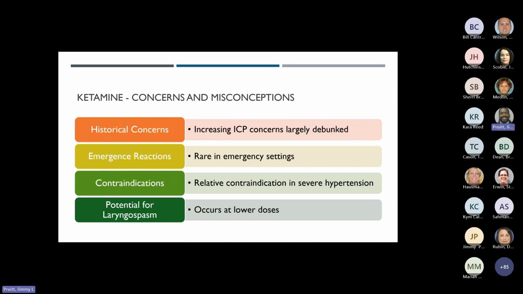And then the potential for laryngospasm can occur at the lower doses. Some weird things happen when you start getting into those 0.1s and 0.3s and slamming that in. You can have some of those things occur, but again, with the dosing that we're using, we haven't really seen most of that happen. And again, if they do, we're going to be intubating these patients.